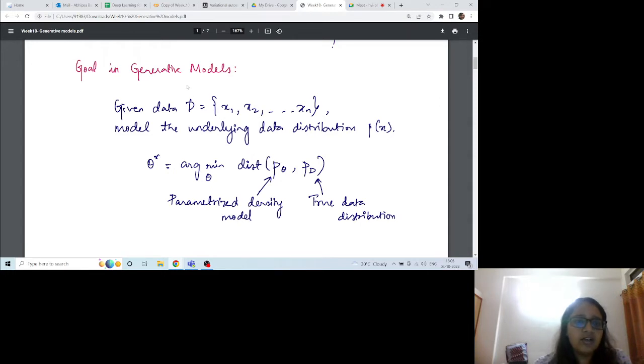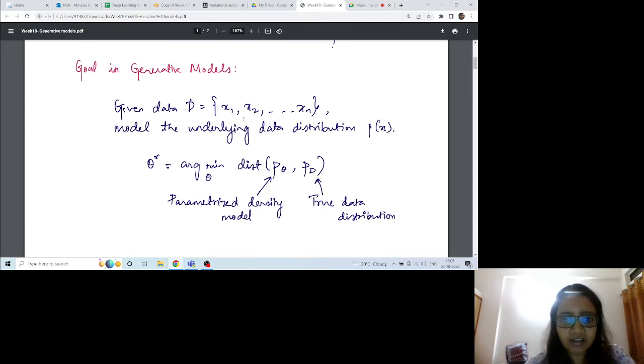Just to formally go through what generative models are: given data D like this, model the underlying data distribution P of X. Understand that when we are given training data, it's not that we are given the entire data population.